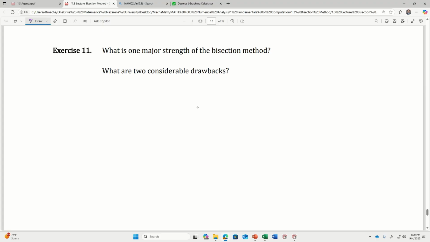So we're almost done here. If I ask you in the future, what is one major strength of the bisection method? This might not seem super obvious, but the biggest strength of the bisection method is it always converges for continuous functions.